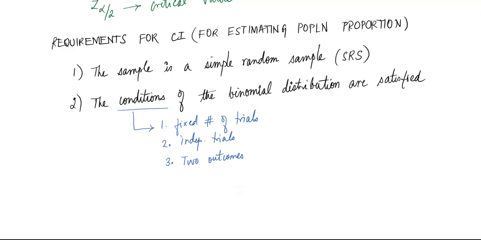In general, we just call them success and failure. What you're after in that study is your success, and that is how we define success. And then the fourth condition was the probability remains constant for each trial. Probability of success.